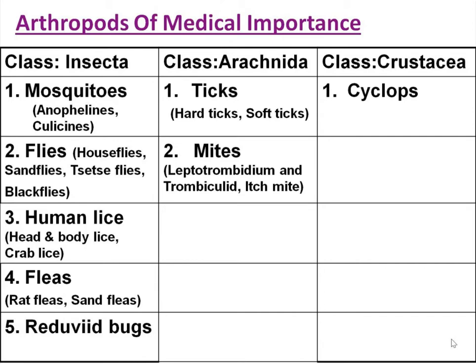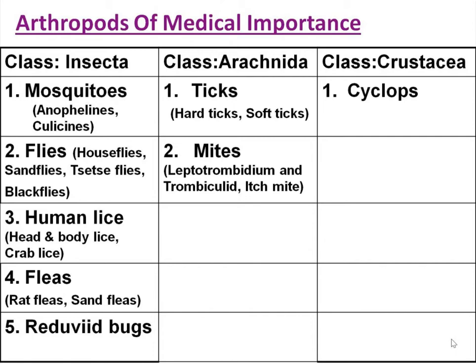Next class is Arachnida. In Arachnida we have 2 groups. One is ticks, the other group is mites. Examples for ticks are hard ticks and soft ticks, and for mites they are Leptotrombidium, Trombicula, or itch mite. So ticks and mites come under the category of Arachnida.